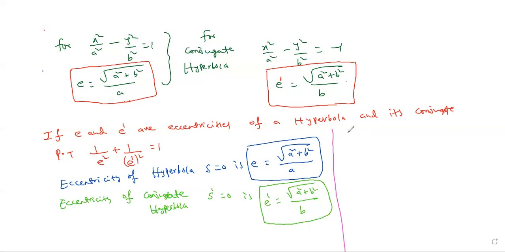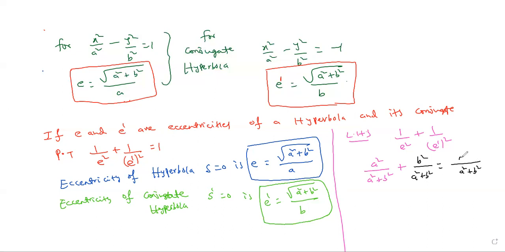Now what you have to prove? LHS: 1 by e squared plus 1 by e dash squared. Take 1 by e squared, you get a squared by a squared plus b squared. e is this, 1 by e means reverse, write the reciprocal and then square. 1 by e dash squared, take reciprocal and square: b squared by a squared plus b squared.